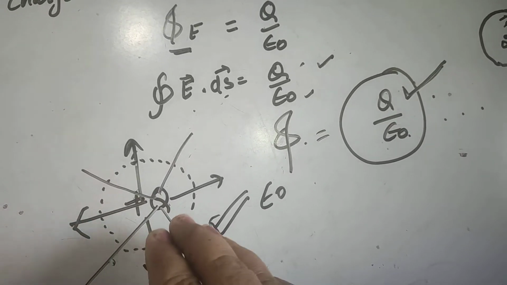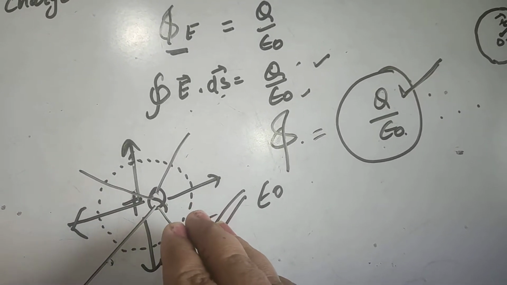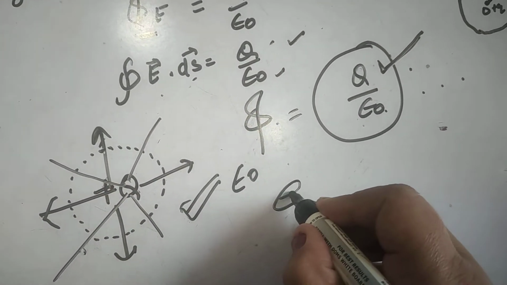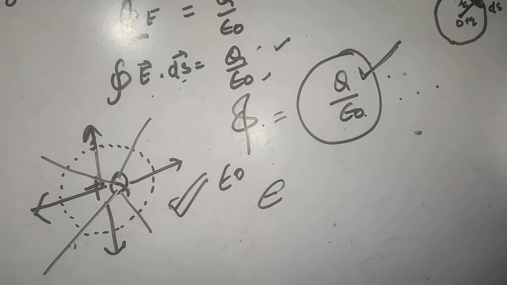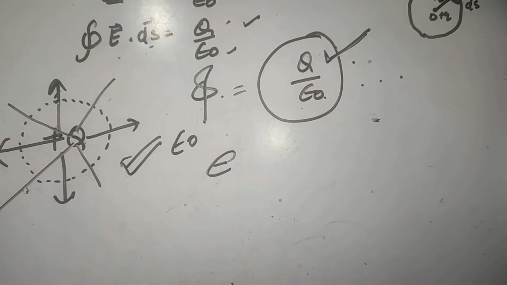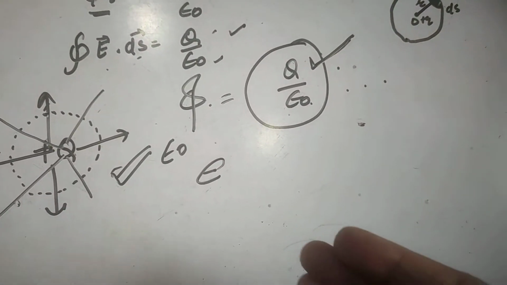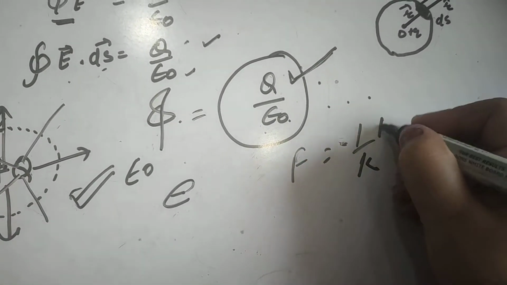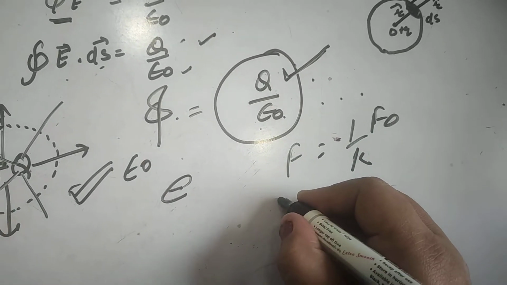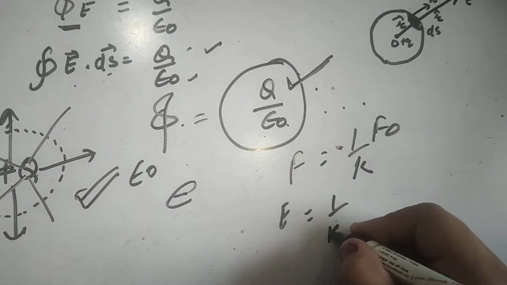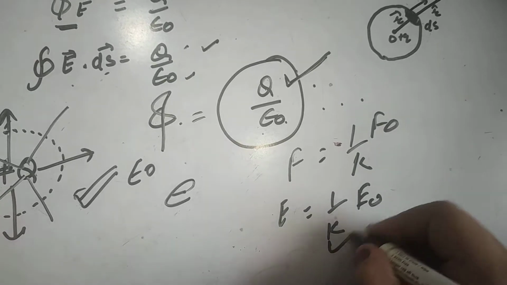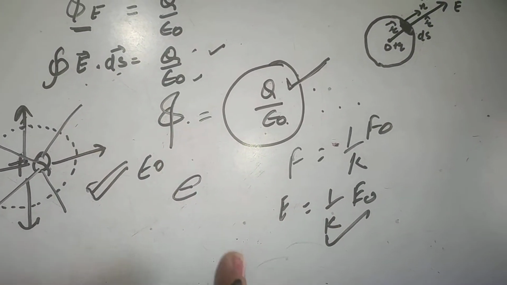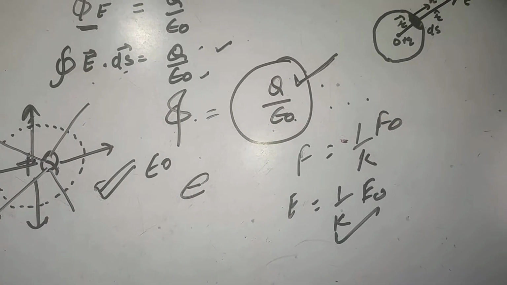For example, now this charge is not placed in vacuum, but it is placed in any other medium having the permittivity epsilon. We know that when we talk about any medium, the value of force goes on decreasing by a factor of K. Similarly, electric field intensity also decreases by a factor of K, where K is the dielectric constant and gives you the value of electric field intensity in any medium.